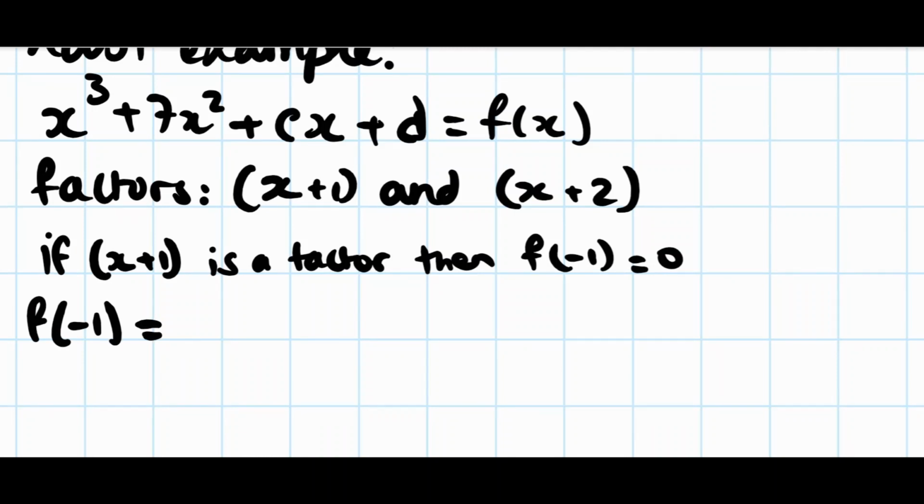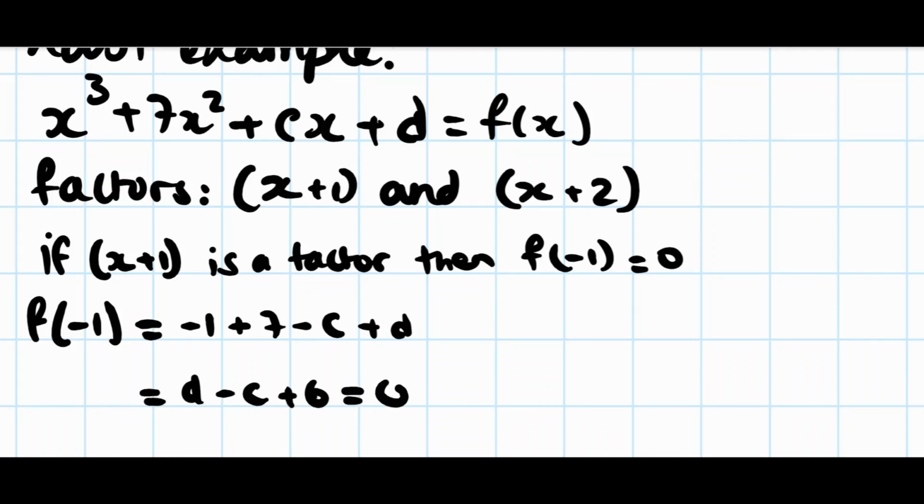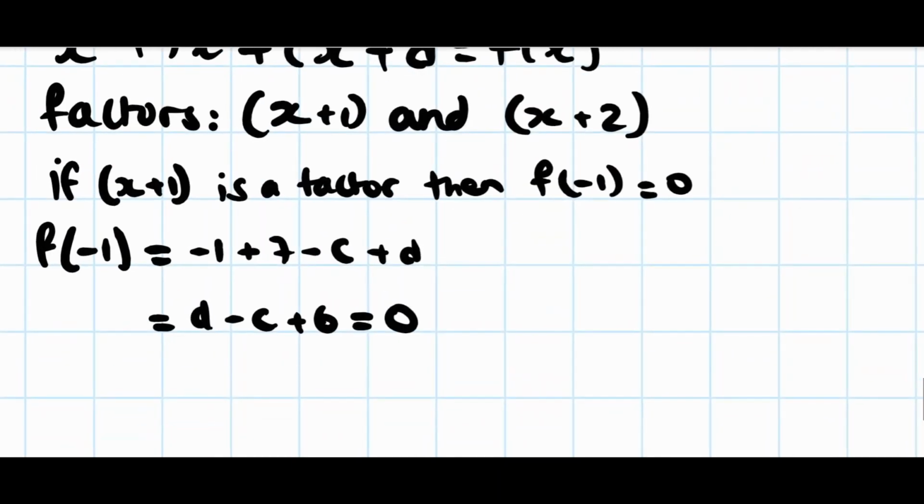For f of minus 1, we can substitute back in, which will get minus 1 cubed plus 7 minus c plus d, which is equal to 0. So we can rearrange that and get, therefore, d minus c plus 6, which is equal to 0.